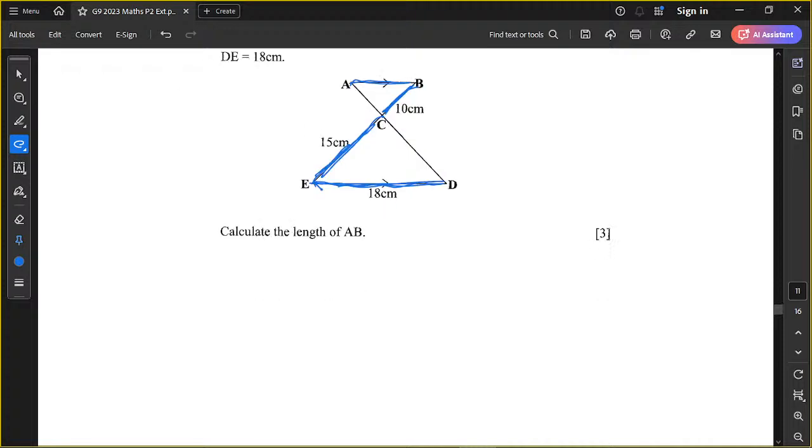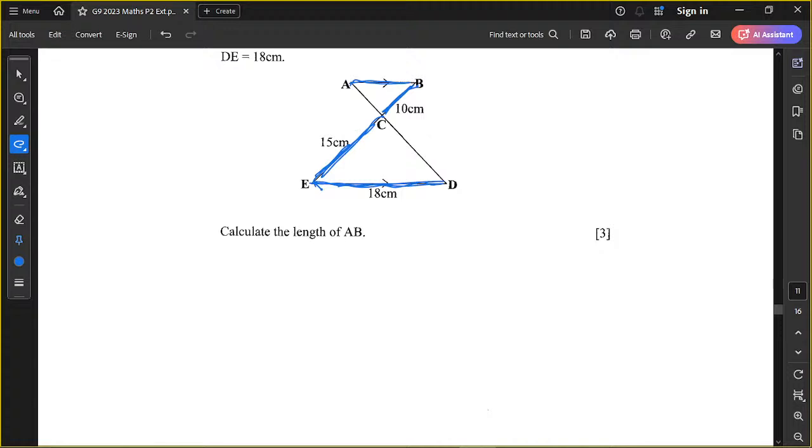So to calculate the length of AB, how are we going to do it? To find the length of AB, we're going to use the ratios of these sides. You know that side BC corresponds to CE, and CD corresponds to CA. So what are we given?